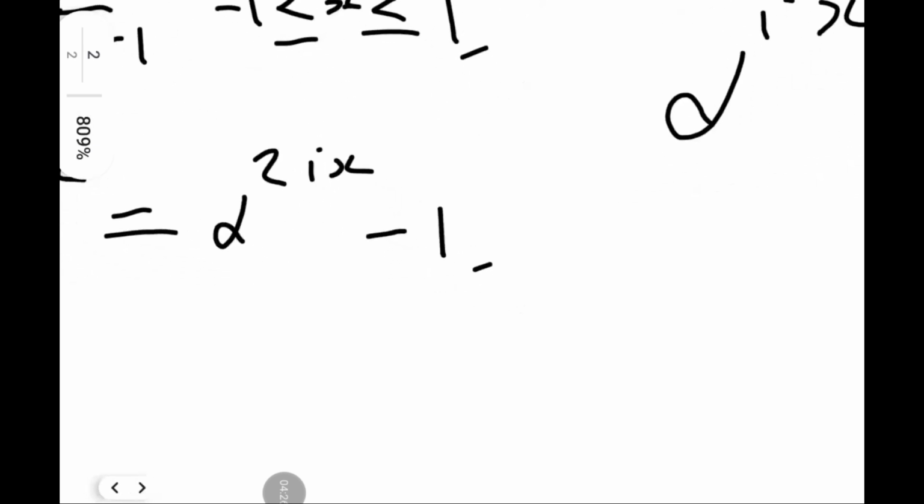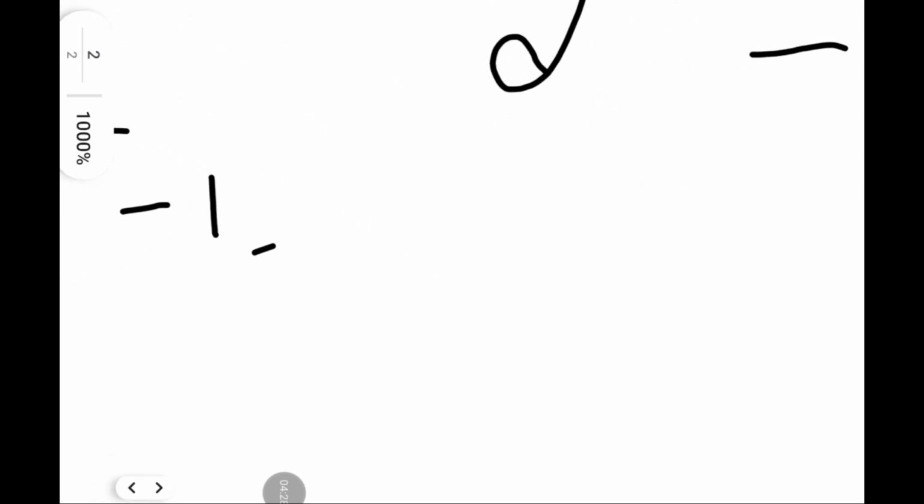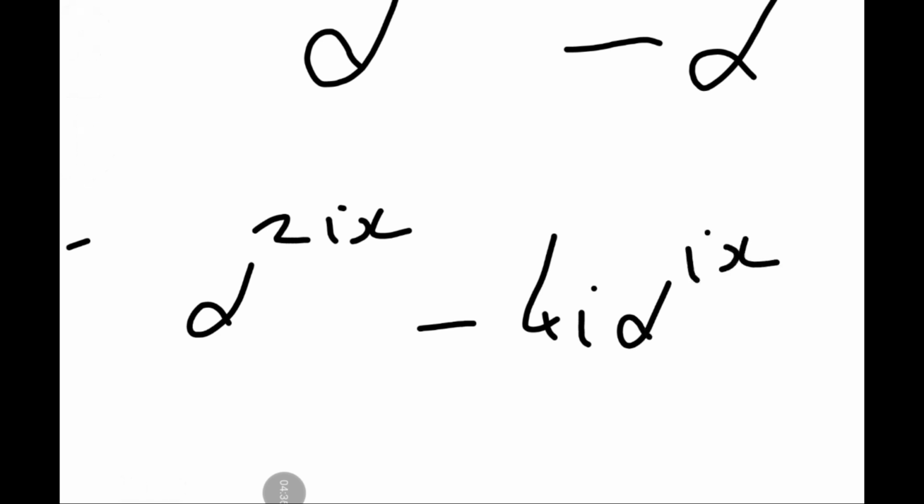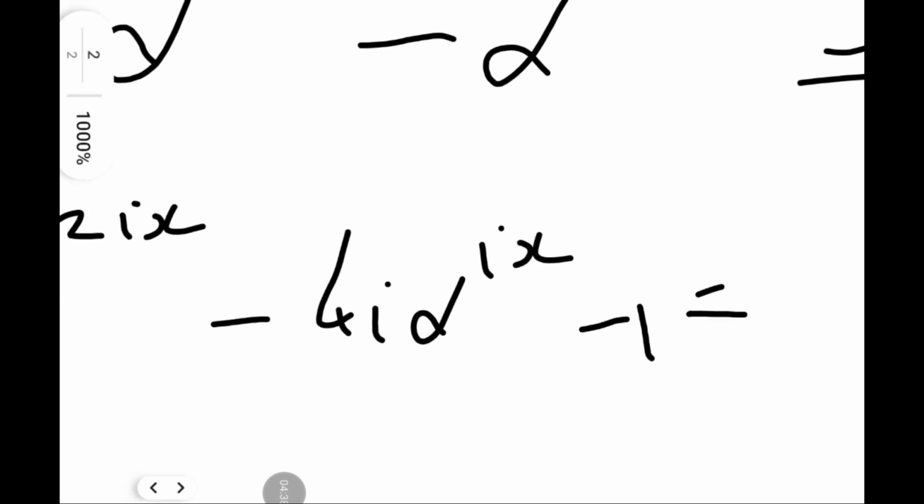Now what we can do is rearrange it into this format, e to the power of 2ix minus 4i e to the power of ix minus 1 equals 0.